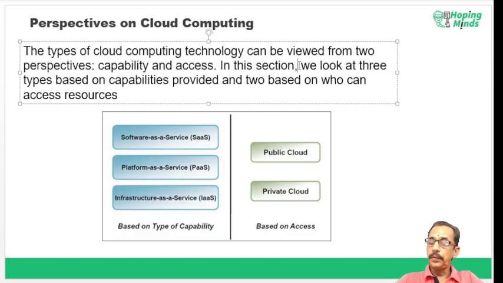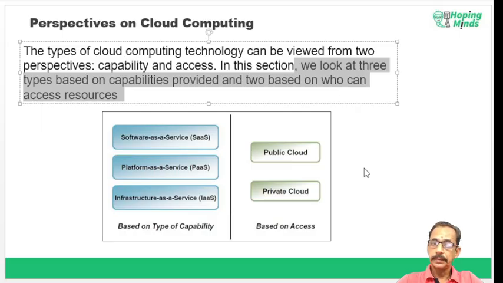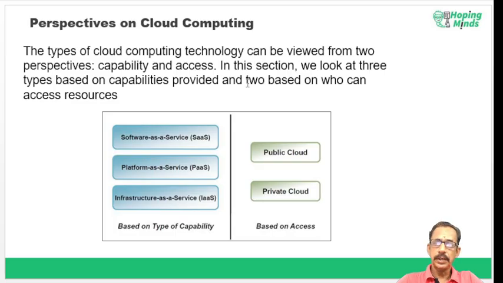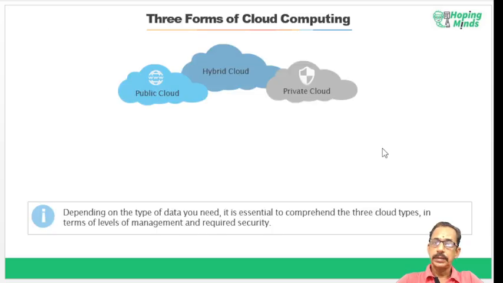In this section we look at three types based on capability and two, right now I'm saying two, but it is also four, based on who can access the resources. So let's start with the three forms of cloud computing.